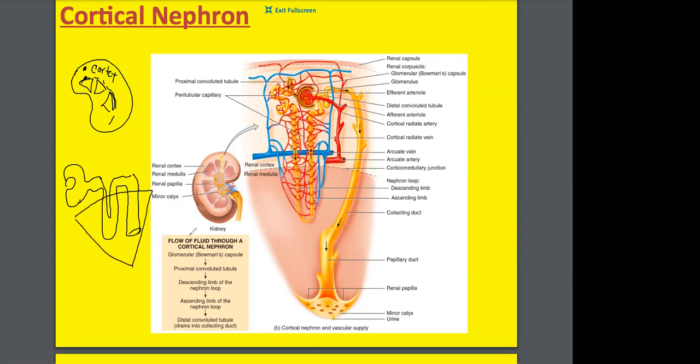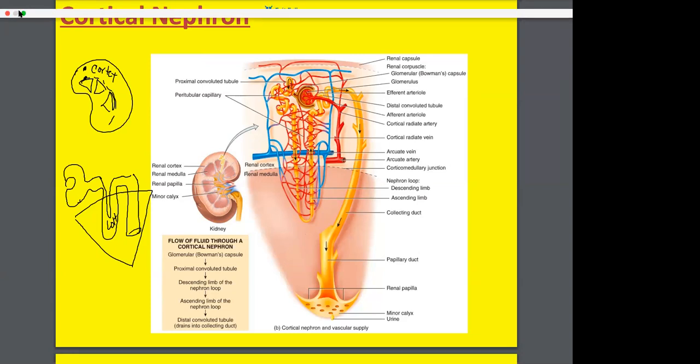Some loop a little bit, the loop is not as deep as it is in the juxtamedullary nephron. So this is the loop of Henle. It's not always as deep in the other type of nephron. So let's go ahead and look at that real quick.